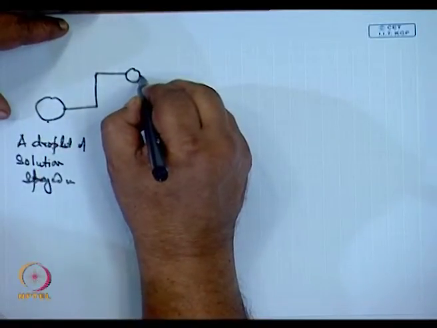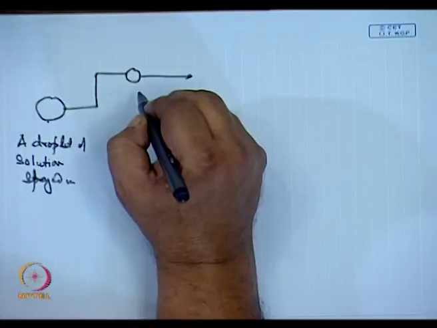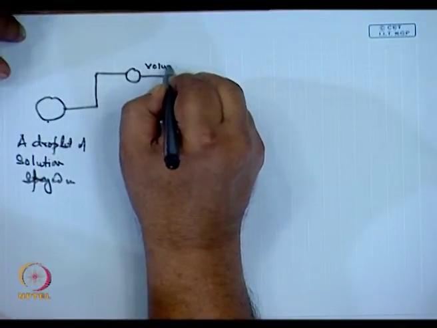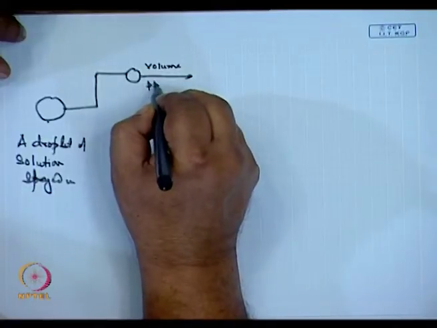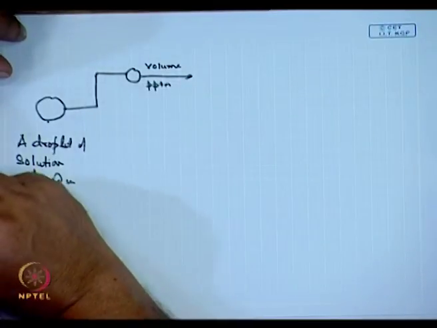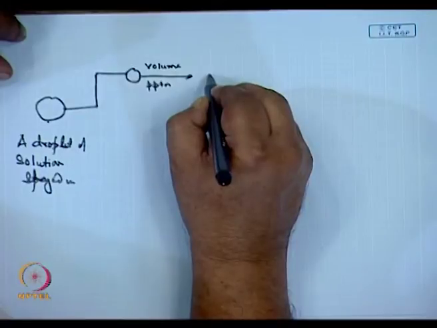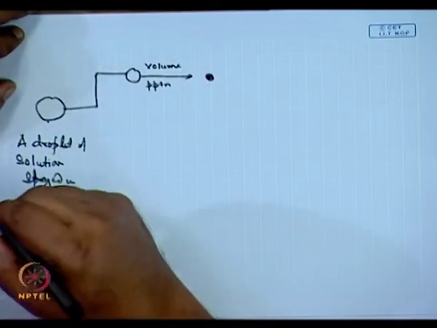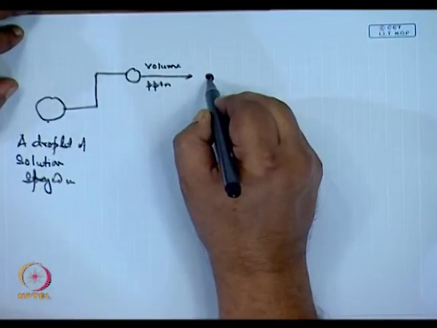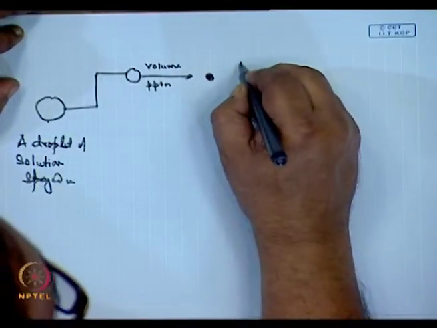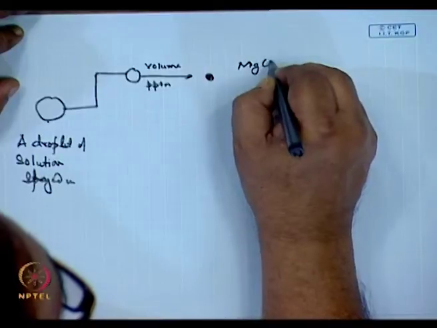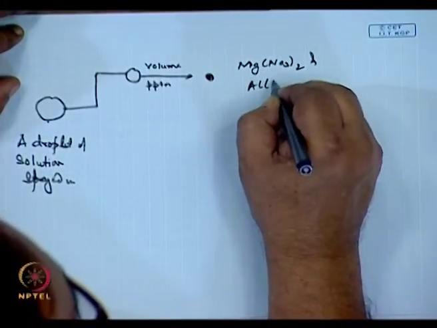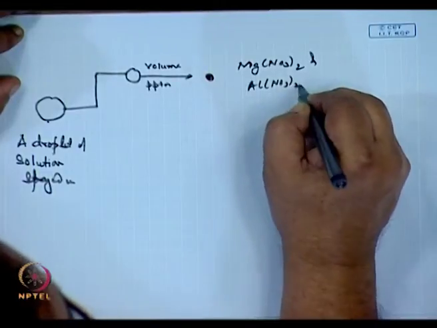As it gets smaller, as in the co-precipitation process, volume precipitation will occur and we will get finally a dense mass which has magnesium nitrate and aluminum nitrate intimately mixed.